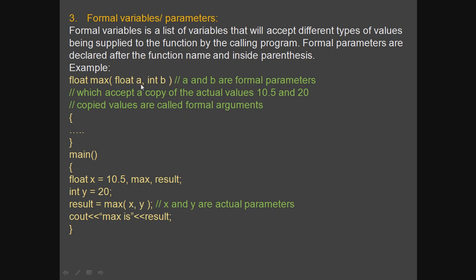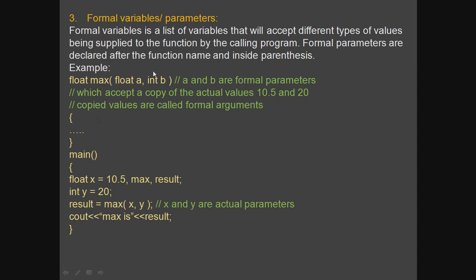Now if you write a and b as x and y also, it won't matter, because this x and y and that x and y are different. This one is a local variable inside the main function, and the x and y declared here, accepting the passed values, are local variables within this function definition body.